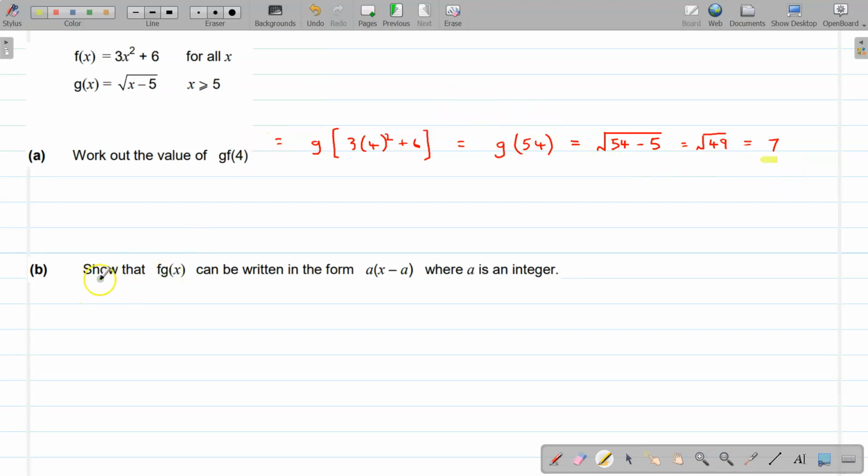However, in this one, we need to find f g of x. So we need to apply the functions in the opposite order, but with x as the subject rather than a number. All right, so f g of x is equal to f of the square root of x plus 5, sorry, x minus 5.